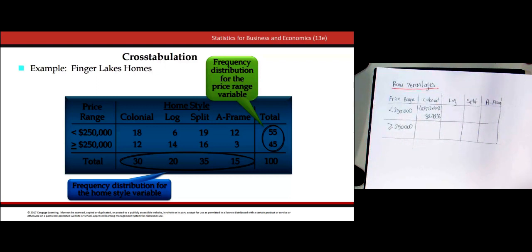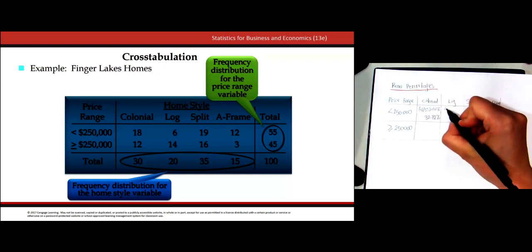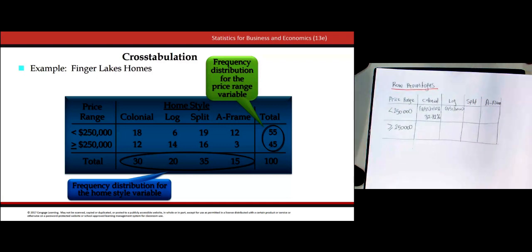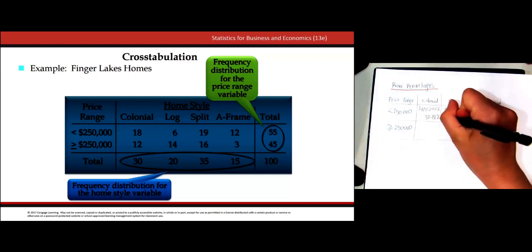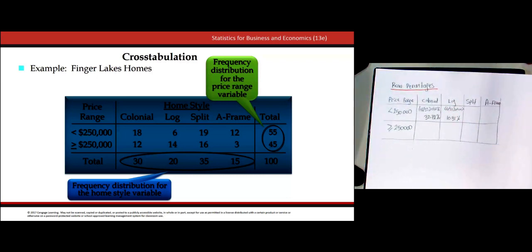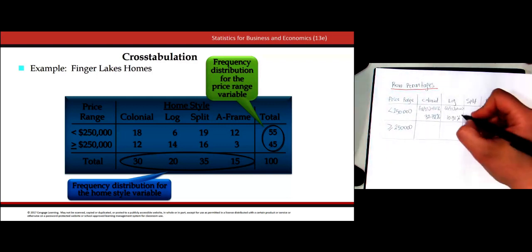And what percentage is log style? So we look at less than $250,000, which is now 6 over 55 times 100%, which is 10.91%. And what percentage is split? 19 divided by 55 times 100, which is 34.55%.